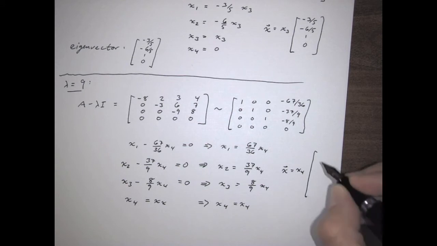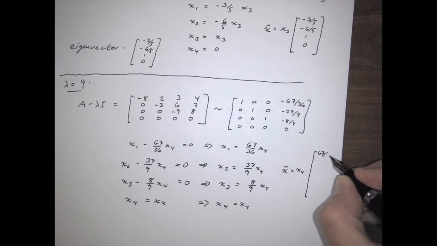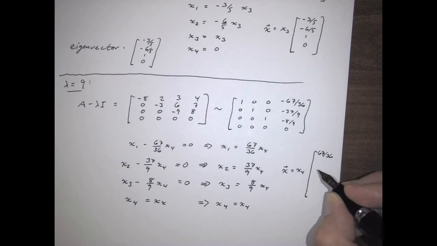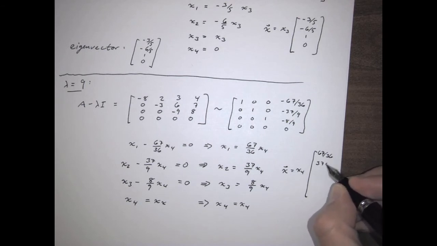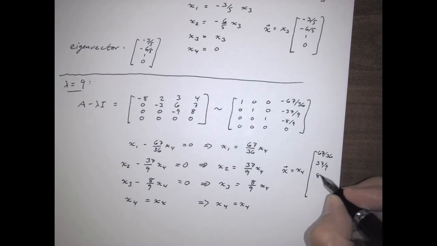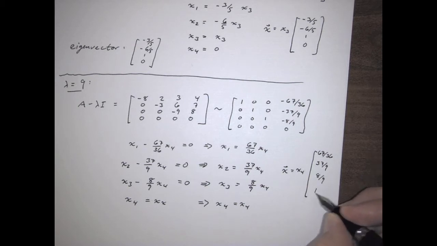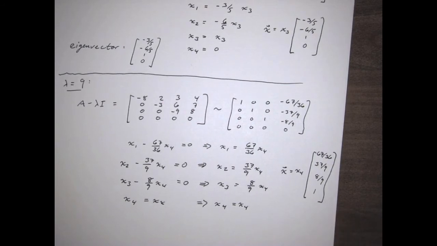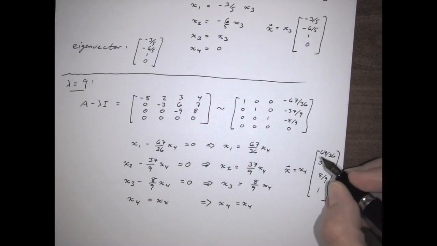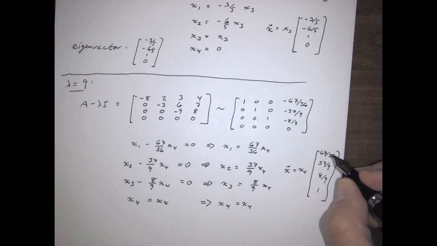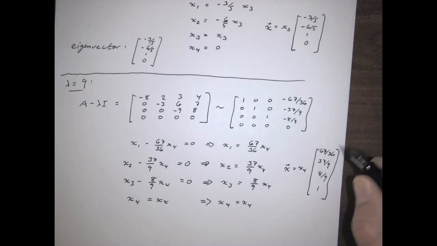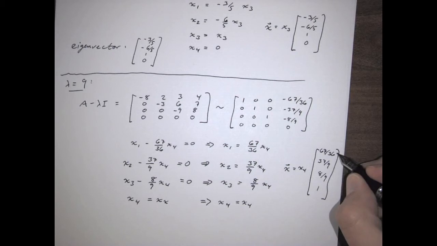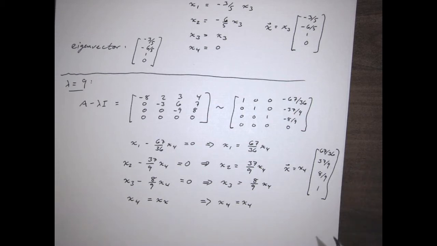and its entries are going to be 67/36, 37/9, 8/9, and then 1. Now, if we wanted to make this a nicer thing, we could use strategic values of x4, such as 36, which is a factor that would clear out the denominators here, here, and here, and that would be nice.